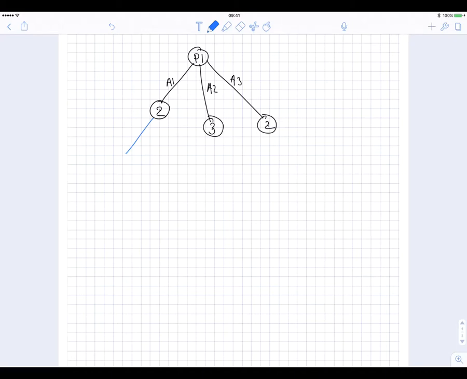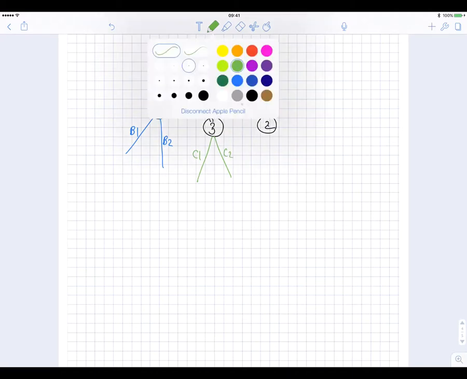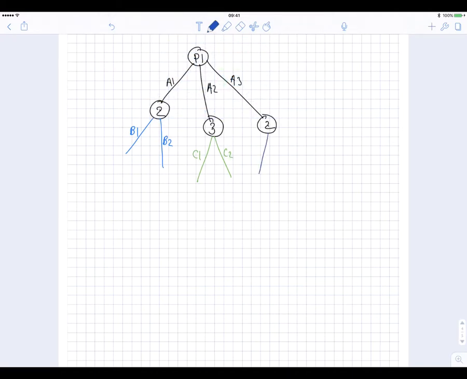Let's say 2. B1, B2. How many actions do you want for player 3 to have? Let's say 2. C1, C2. How many actions do you want for player 2 to have here? Let's do 2.